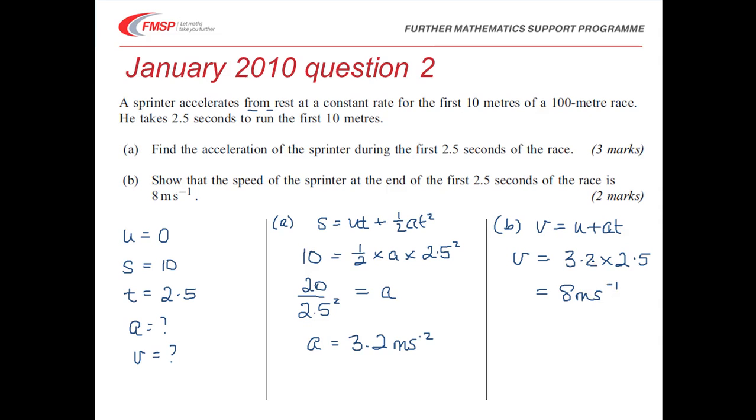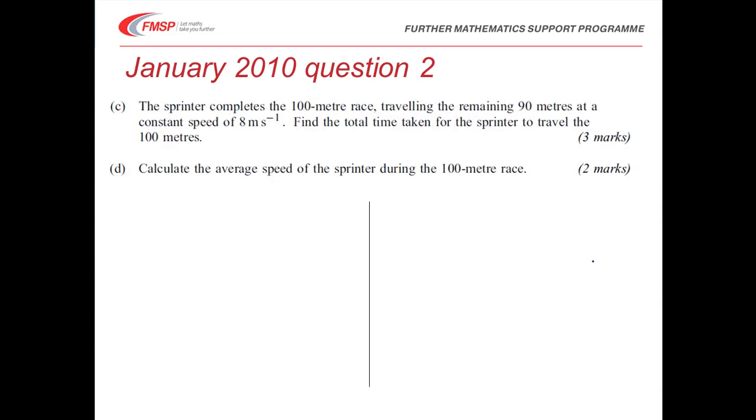So those first two parts, as I say, concern the first 10 metres of the race. In parts C and D, we're now looking at the remaining 90 metres of the race. So notice that for these remaining 90 metres, he travels at constant speed.